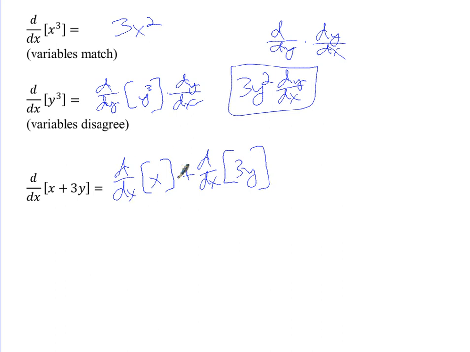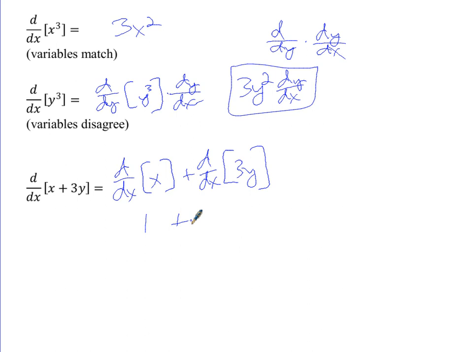Can I take the derivative with respect to x of this guy? Yeah, it's what? It's 1. Can I take the derivative with respect to x of this guy? No. So what will it become? Yes, 3 dy over dx. That's right.